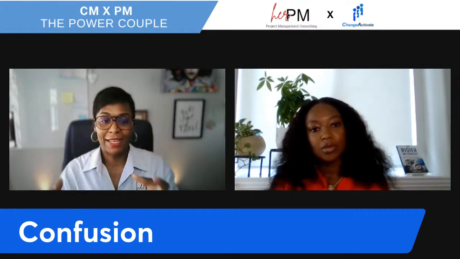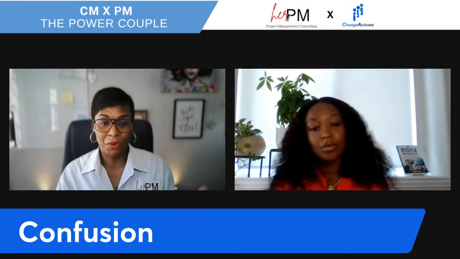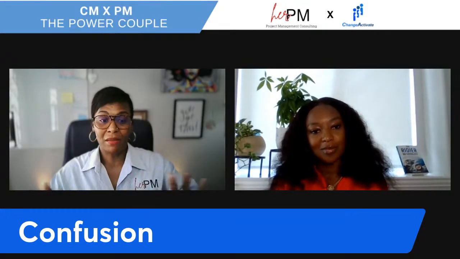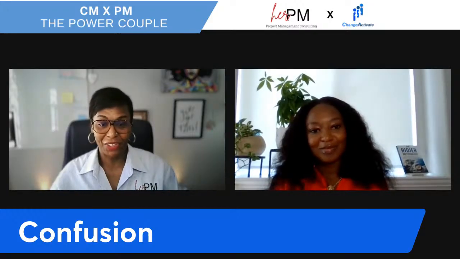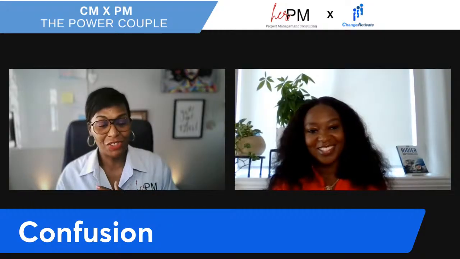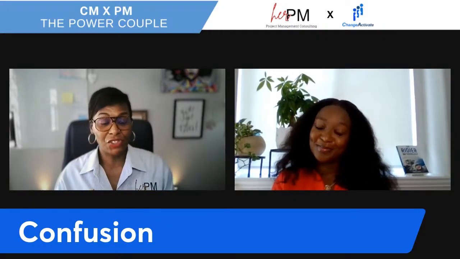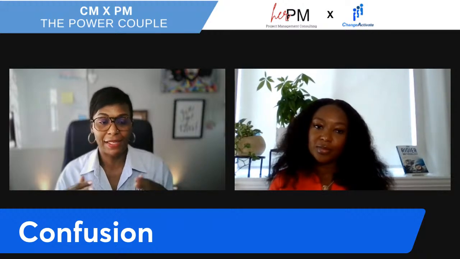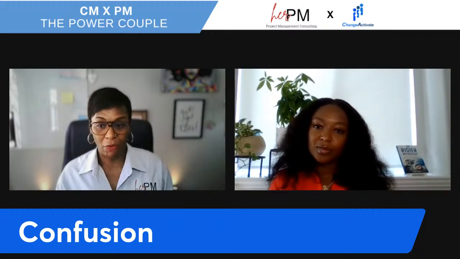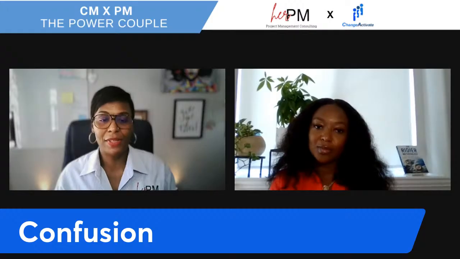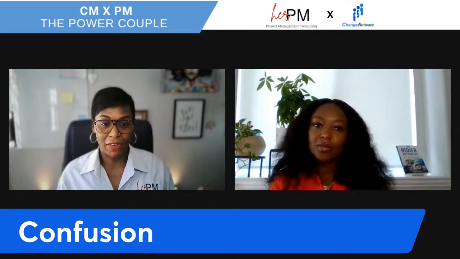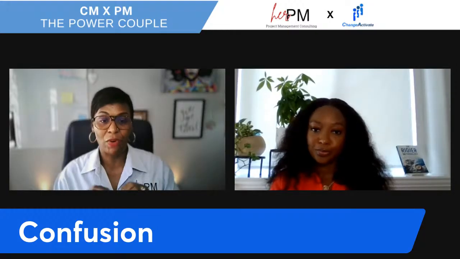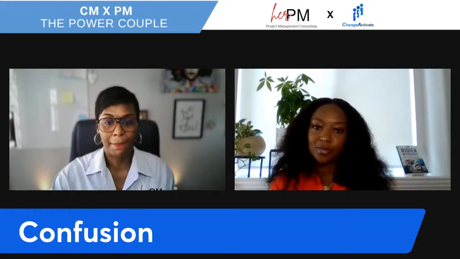So I take that vision, build it with you as the change manager, and then we go out and we cast that vision so that the confusion comes down. And again, using those change champions, if our vision is not so clear, or if there continues to be confusion, then we come back together and we recalibrate that vision. So it's everything that you said, like being agile. We have to be agile with our vision and make sure that people understand, recasting over and over again.